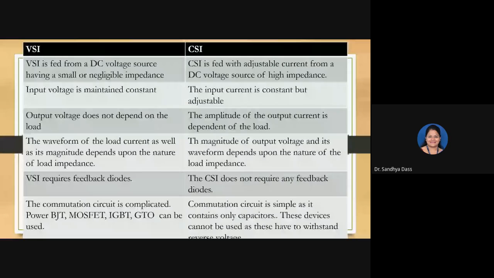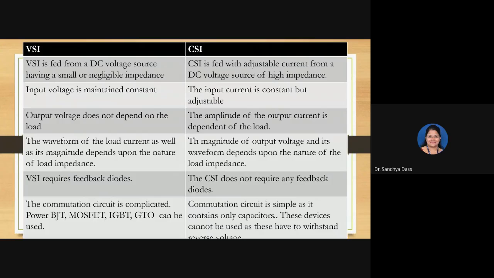Obviously, the input voltage in VSI is maintained constant. In CSI the current is constant, but it is adjustable depending on the magnitude of the inductor you are using in series with the DC voltage source.